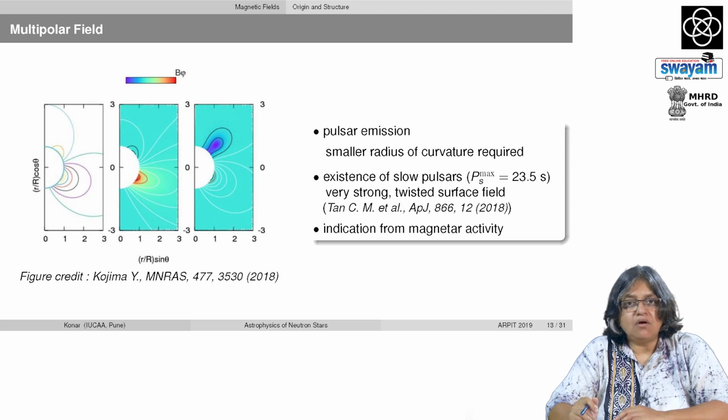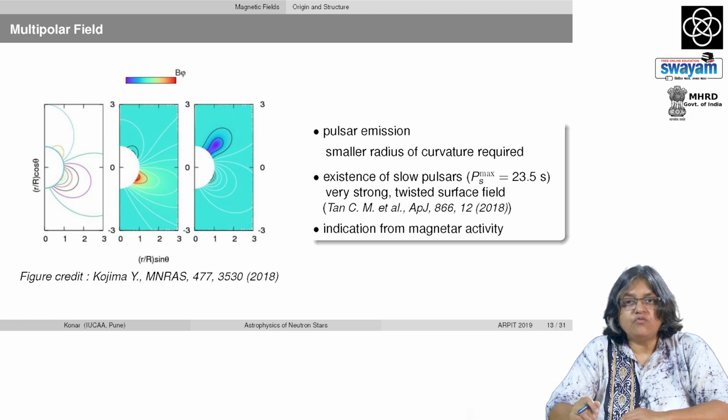and on the other hand there exist very slow pulsars. The maximum spin period of a radio pulsar that has been measured is 23.5 seconds.